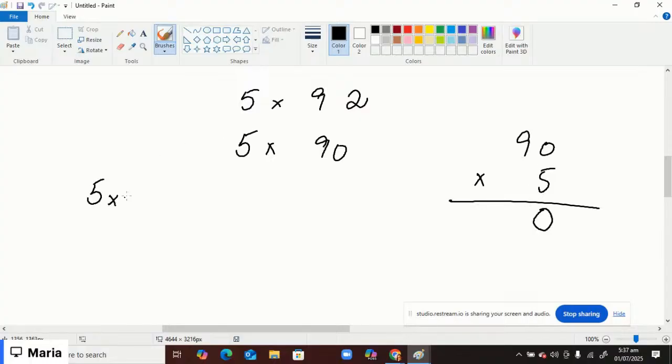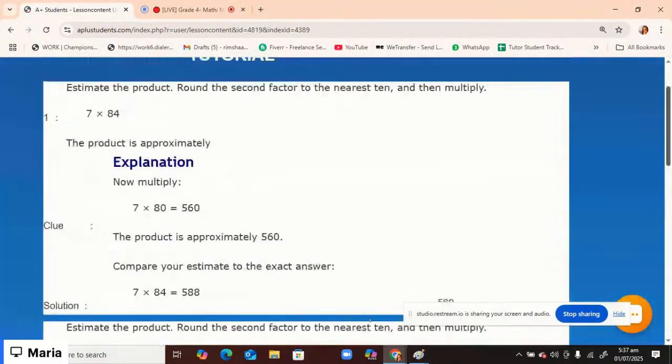This is the table. 5 times 9 is 45. Okay, so you just put it out here, 45. That's it. Now let's discuss the test questions.